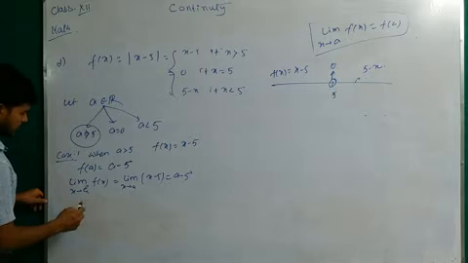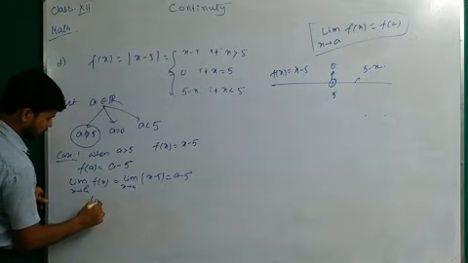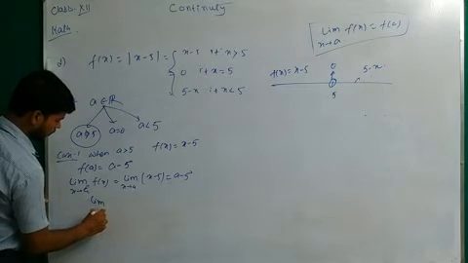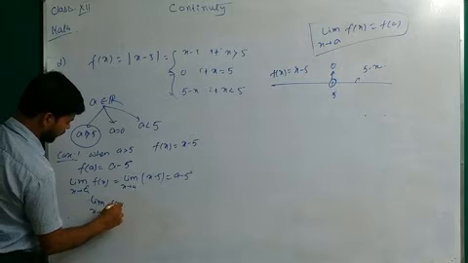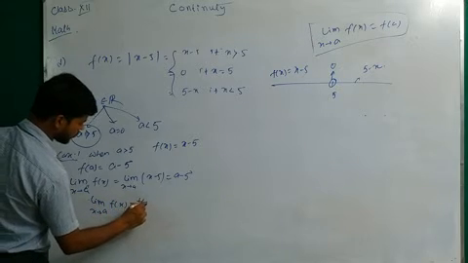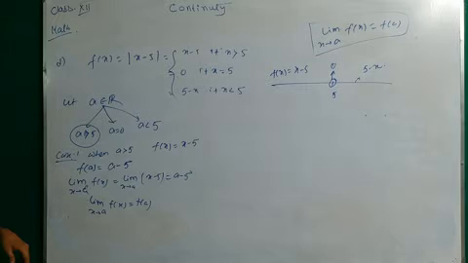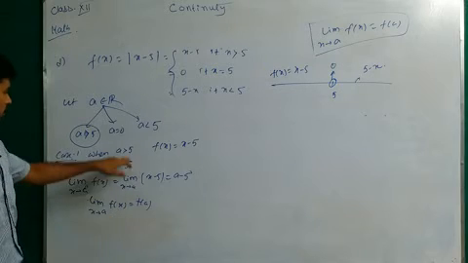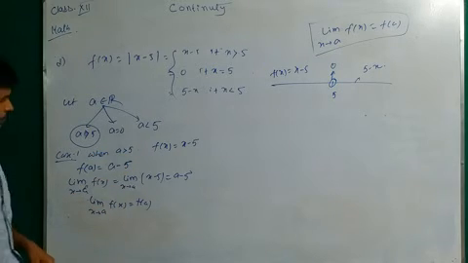So we can say that limit x tends to a f of x is equal to f of a. That means the function is continuous at x equal to a, where a is greater than 5.